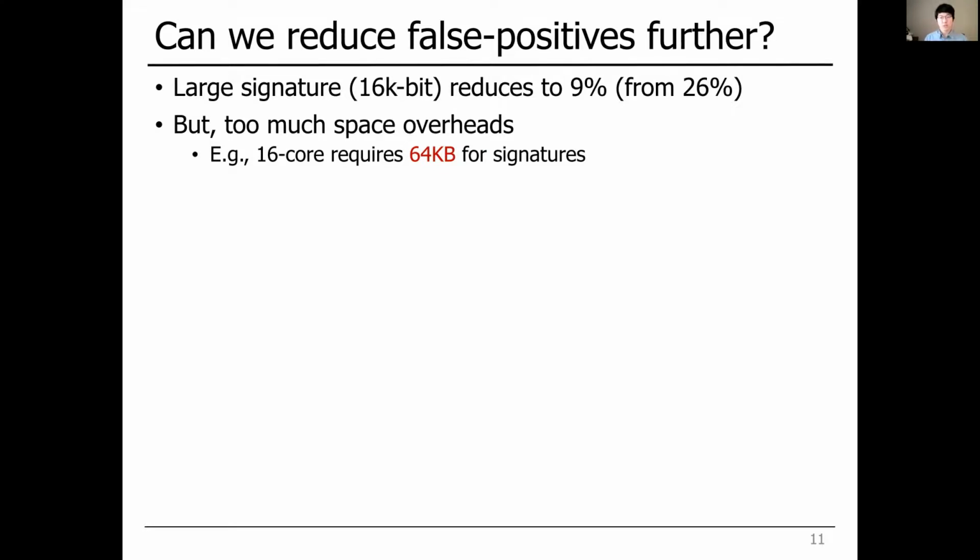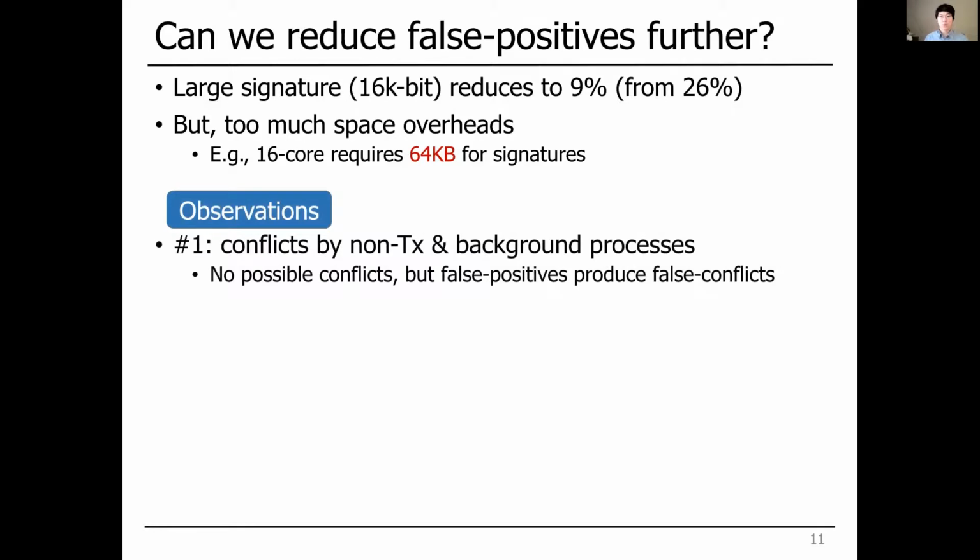Other than increasing the size of the signature, UHTM presents an alternative solution based on the following observations. First, we observed that false conflicts occur not only between transactions, but also between transactional and non-transactional processes. For example, a durable transaction aborts due to a false conflict with background processes that have no data sharing.